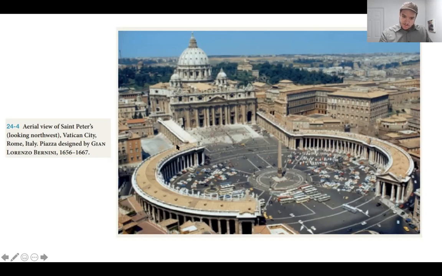That leads me to my little metaphor here of St. Peter's Basilica. This is Vatican City here, and this is the Basilica back here with the dome on it.